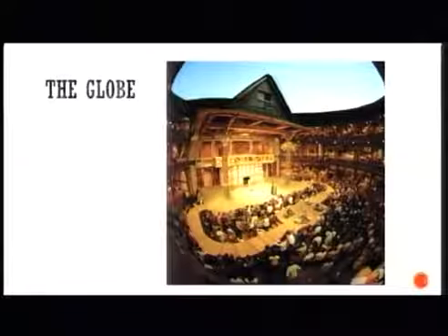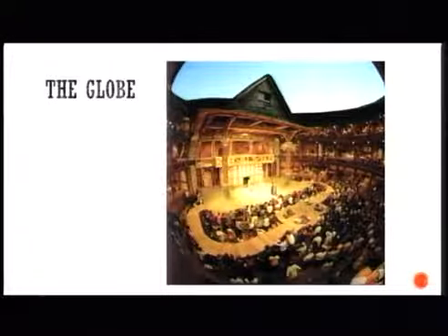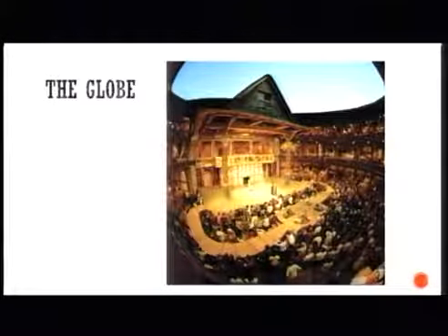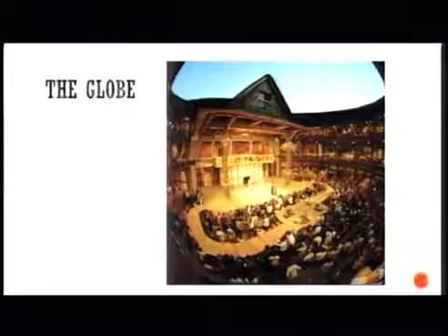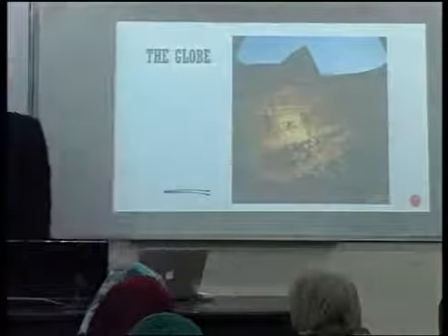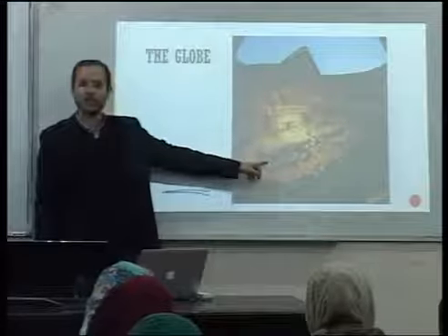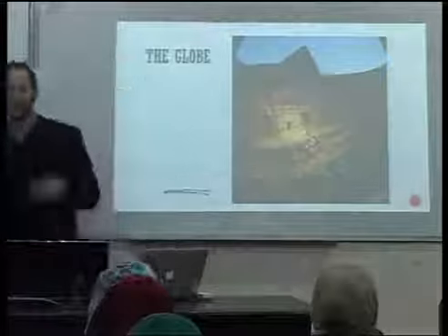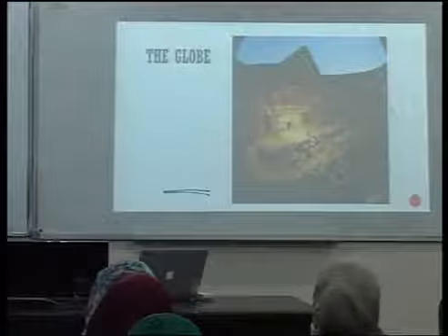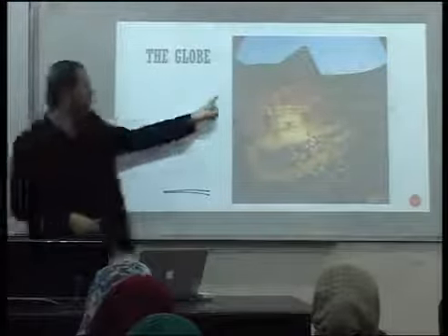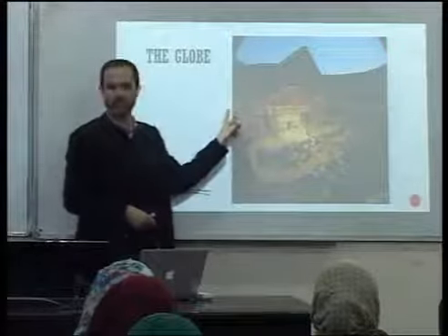And finally, I'll stop here. This is Shakespeare's Globe. I'm not sure if this is very clear out there. Look here, this is the stage. These are the people near the stage who can talk to them. If you are rich enough, you can pay more money and sit above.